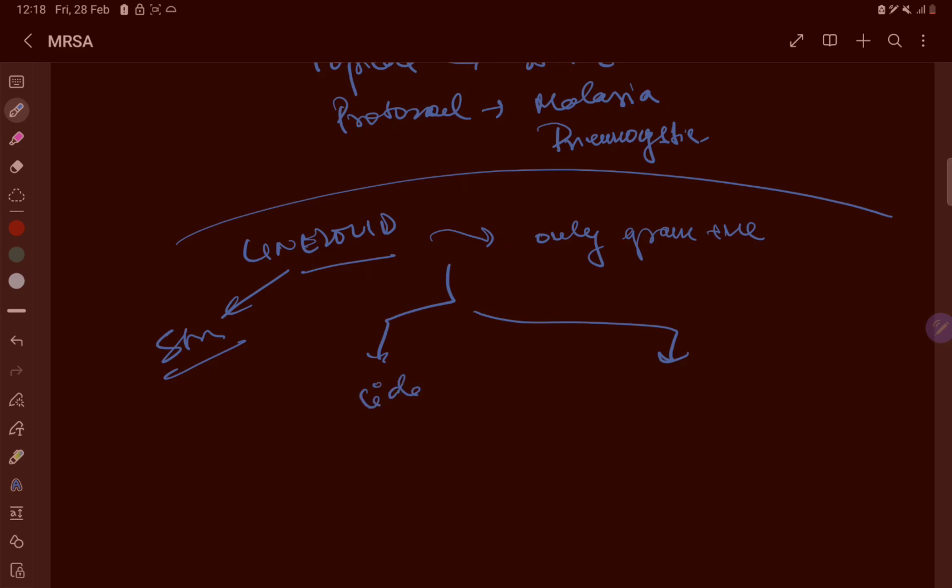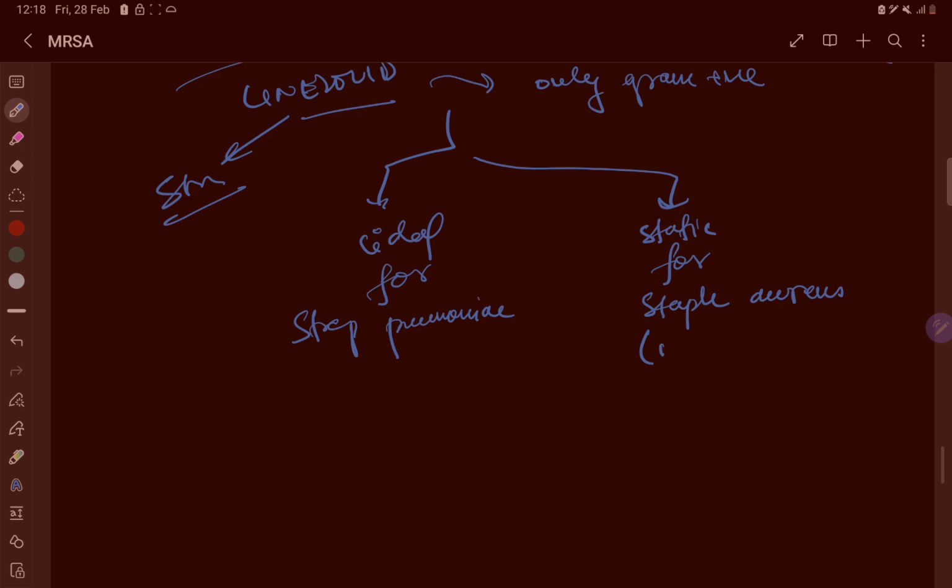It's cidal for strep pneumonia and static for staph aureus. ठीक है. सो MRSA में हम दे सकते हैं. VRSA में भी दे सकते हैं. ठीक है. MRSA VRSA में यूज़ कर सकते हैं.